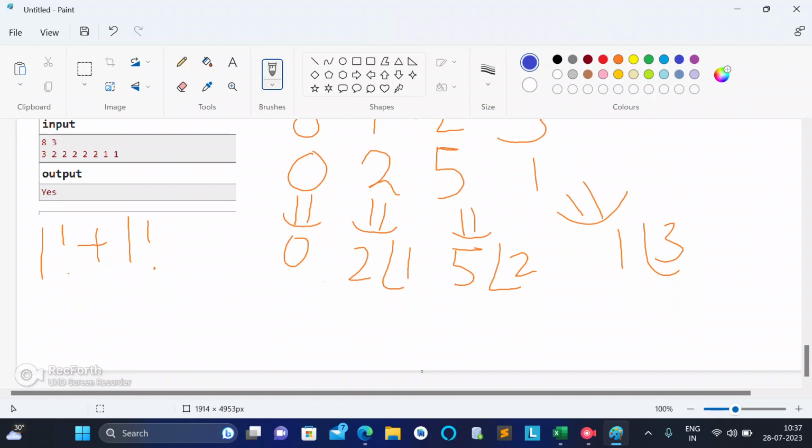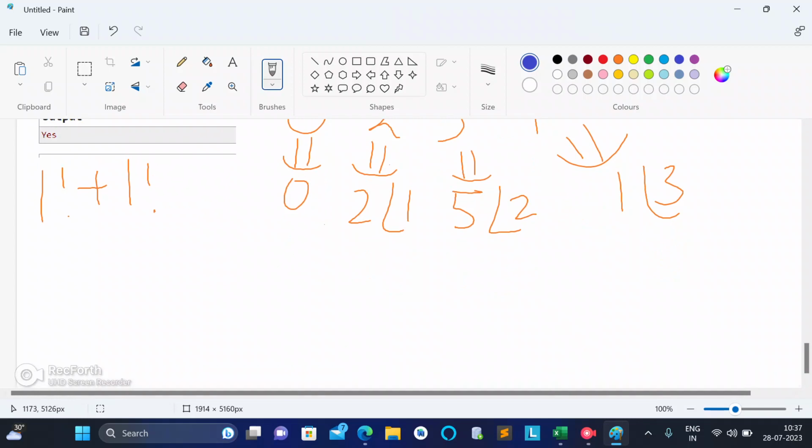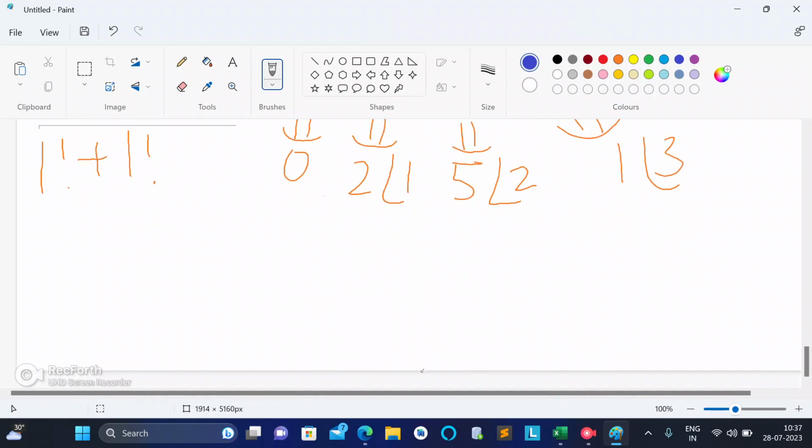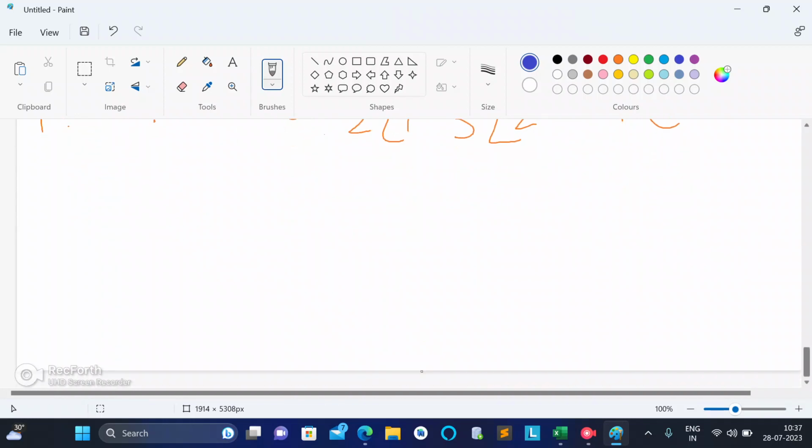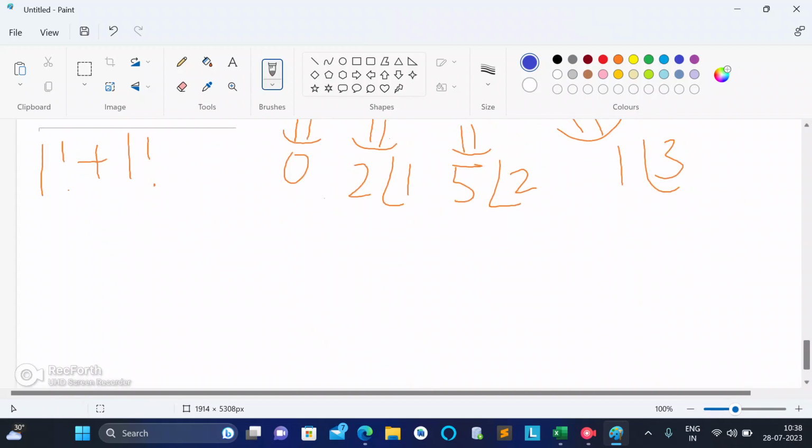Now I will try to convert this. Let me increase the size of the page. So I will try to convert this 1 factorial into 2 factorial, and then this 2 factorial into 3 factorial.